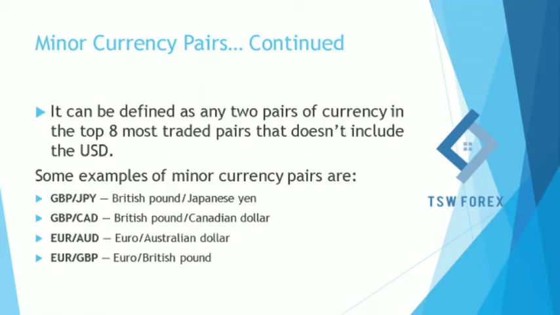A minor pair can be defined as any two currencies in the top 8 most traded that do not include the US dollar. When those top 7 are mixed with the US dollar, you get a major. When you remove the US dollar and mix them together, you get a minor.